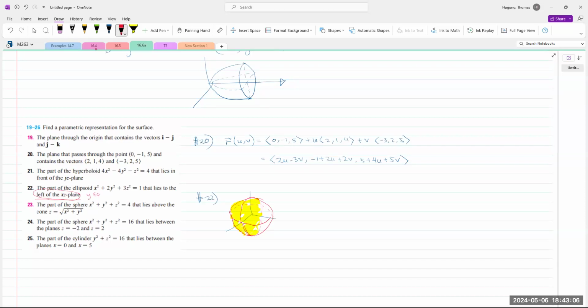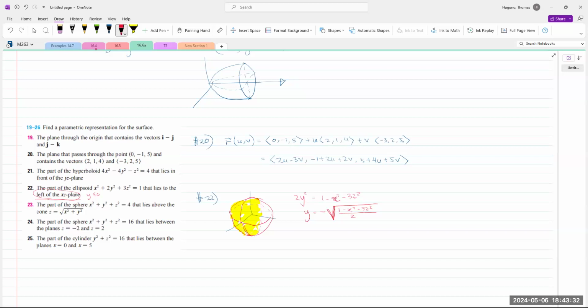So we can do it this way. You solve for y. So 2y squared equals 1 minus x squared minus 3z squared. Okay, so y equals negative square root of (1 minus x squared minus 3z squared) over 2.